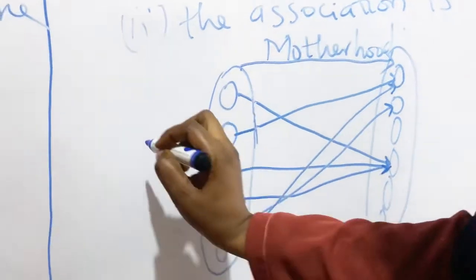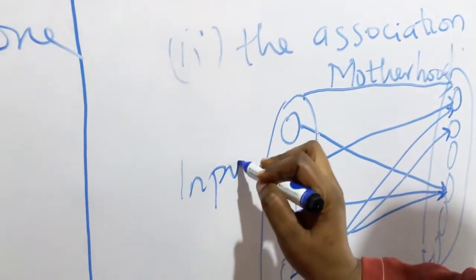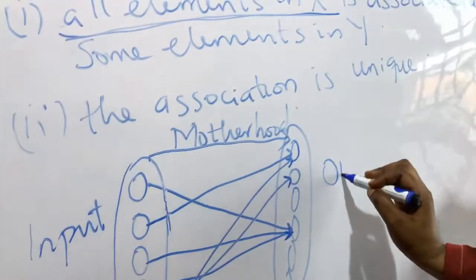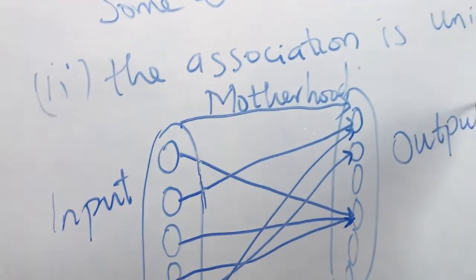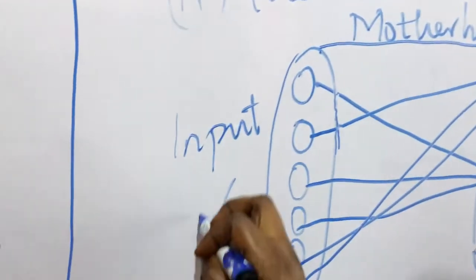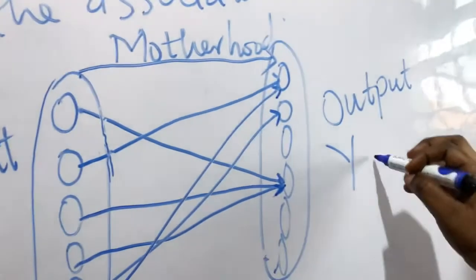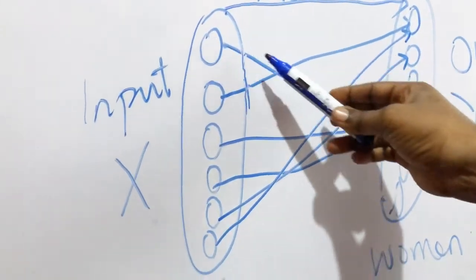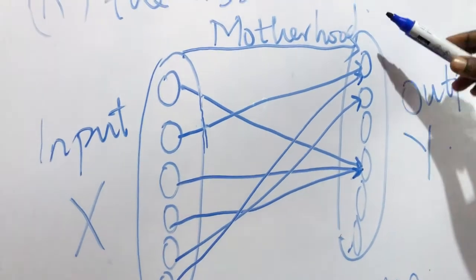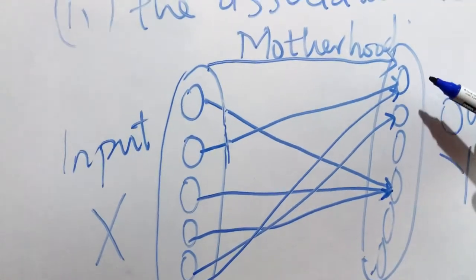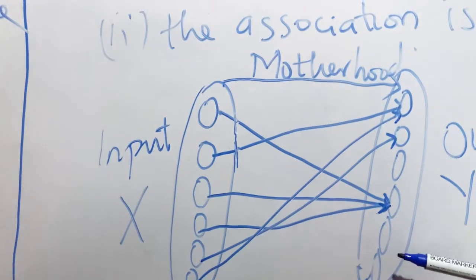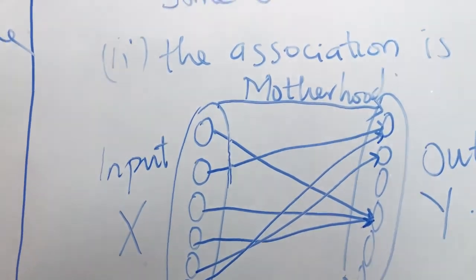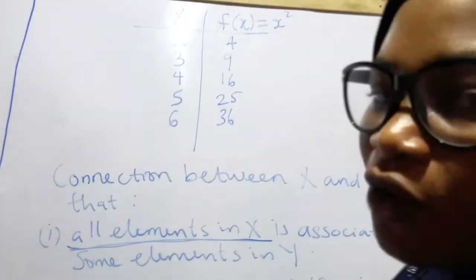So here is the input and here is the output. So let's say here is set X and here is set Y. So all the elements in set X must be connected to maybe all of the elements in Y or some of the elements in Y. So that is the definition of function.